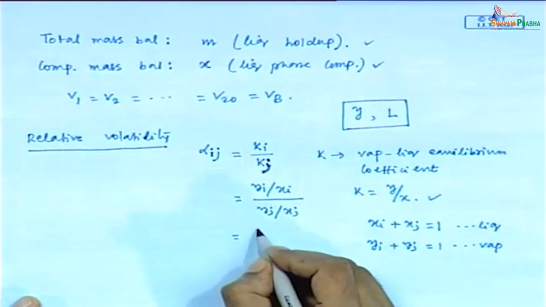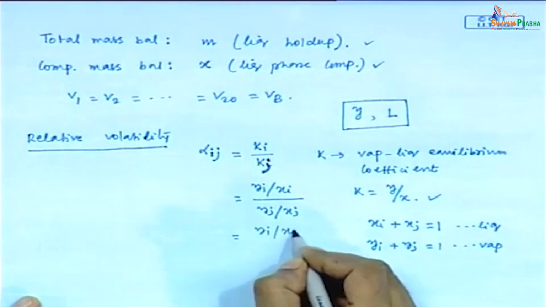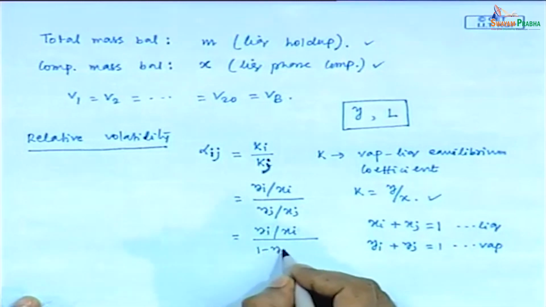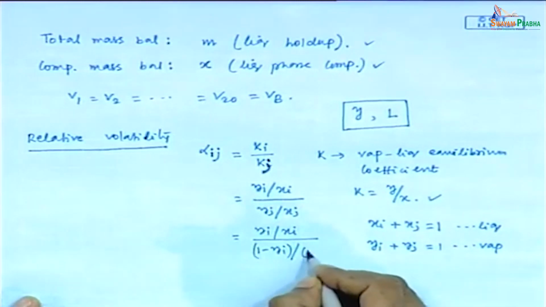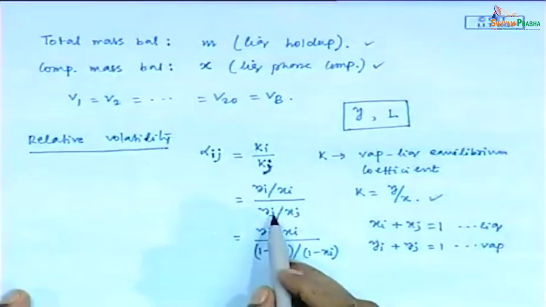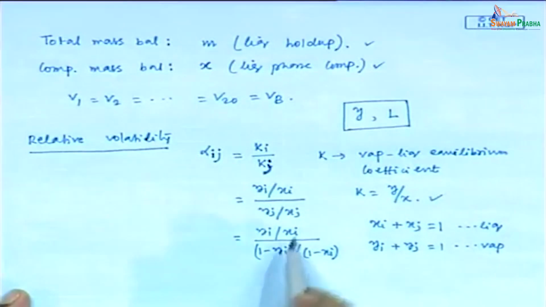Now, we will write here yi divided by xi, whole divided by 1 minus yi divided by 1 minus xi. Our intention is to calculate the vapor phase composition of component i. That is why we are trying to avoid yj and xj terms. So, yj equals 1 minus yi and xj equals 1 minus xi.